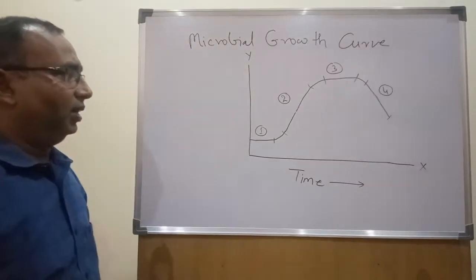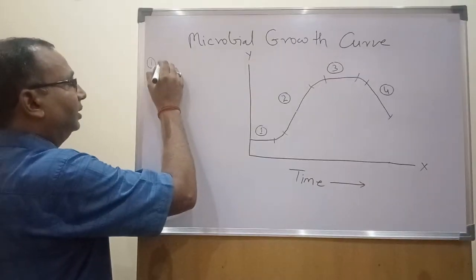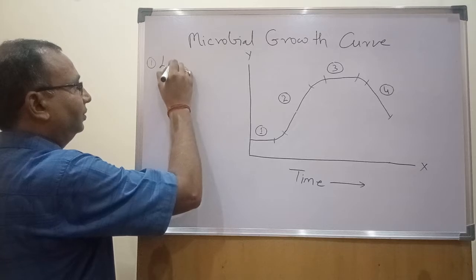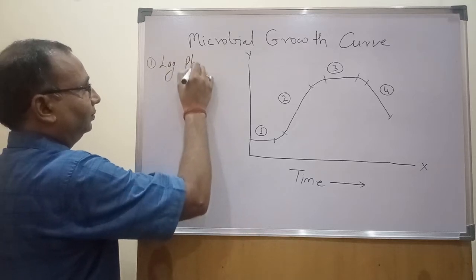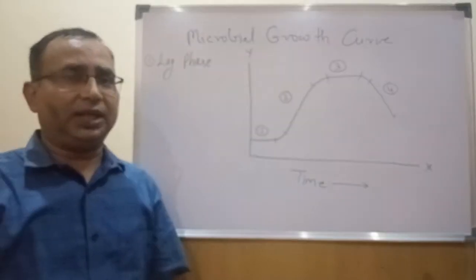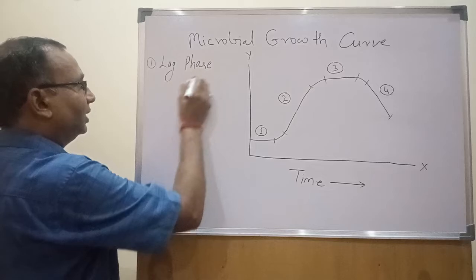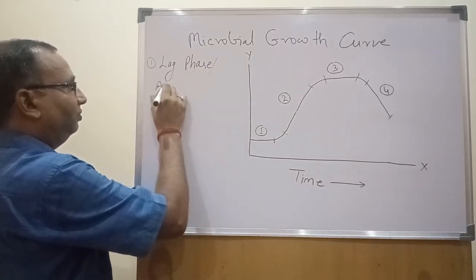Segment number 1 of this microbial growth curve is called the lag phase. This lag phase is also called the adaptation phase.